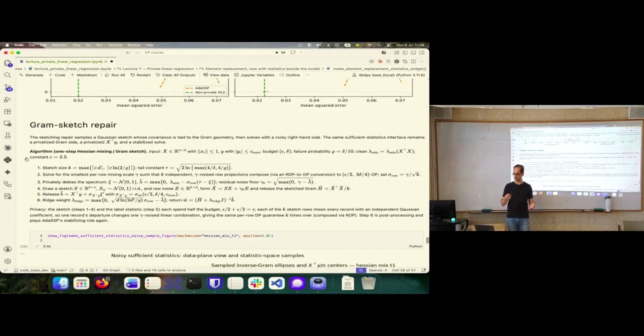As it turns out, what I just described also guarantees privacy. How? In a completely different way.